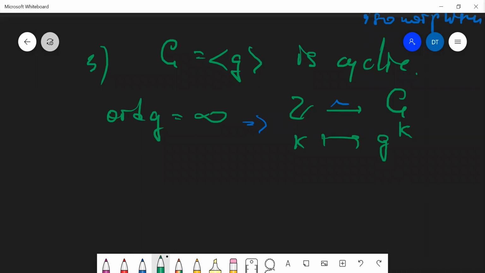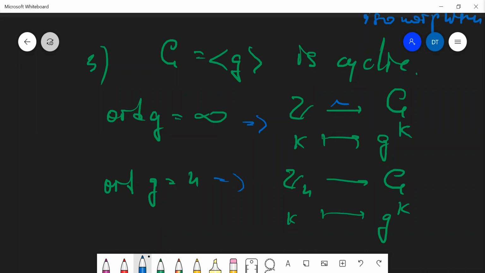And if the order of g is n, then we have exactly the same result, but with Zn on the left. So we have a map from Zn to the group G, which takes each remainder modulo n to g to the k. And one can show that in this case, when the order of the element is n, this is also a bijection.